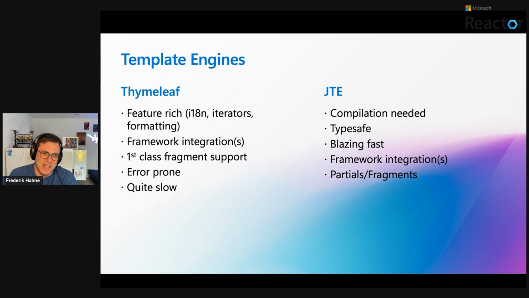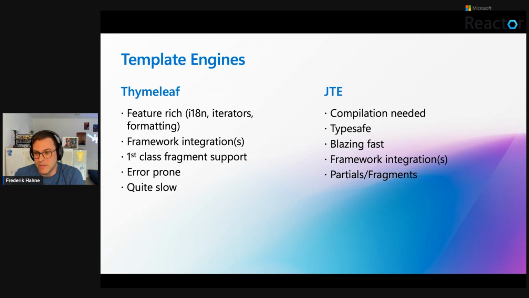Maybe you've heard about JTE. It's not that new anymore. I think it's 5 years old already. But it's pretty cool because you have a kind of type safety. It's a compiled template, and you need to define what parameters this template uses. So you really see and get to know what's happening.